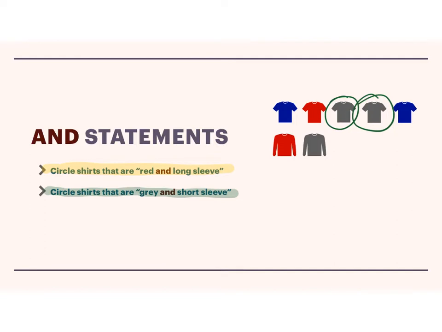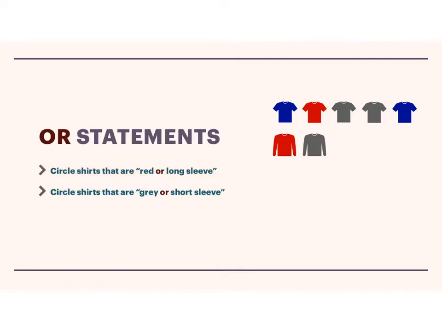Let's look at the other type of statement we're dealing with, the "or" statement. And we want to circle shirts that are, let's get our highlighter right here, that are red or long sleeve. So as we look here, we've got a red shirt.